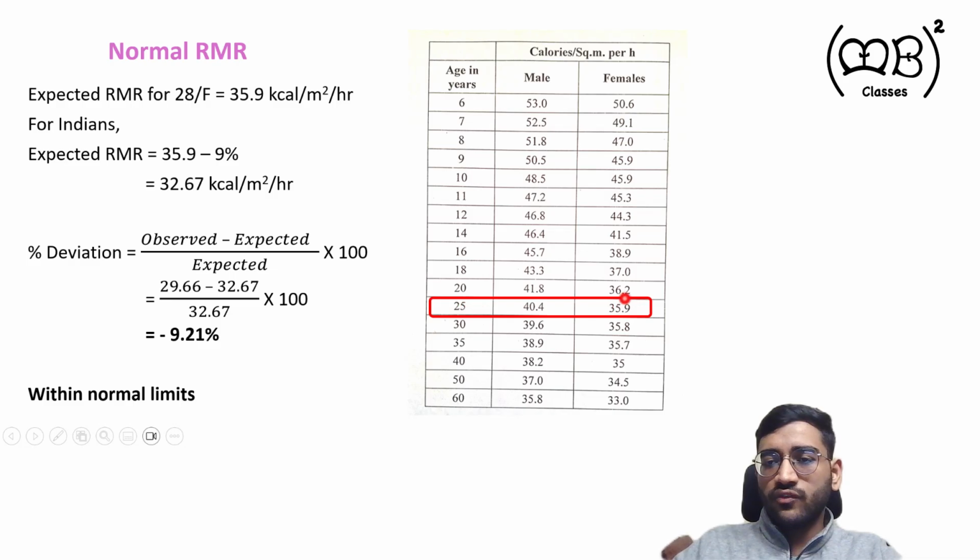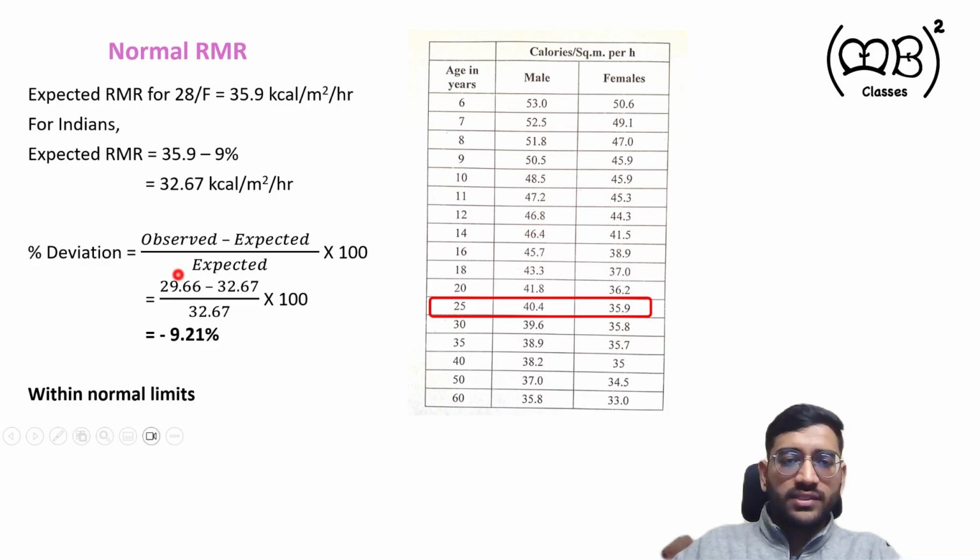This would give me the expected RMR or BMR as 35.9 kilocalories, with a capital K, per meter square per hour. So this is my expected value according to international standards. For Indians, expected RMR would be 10% or 9% less than the international standards for males and females respectively. So subtracting 9% from this gives us 32.67 kilocalories per meter square per hour.